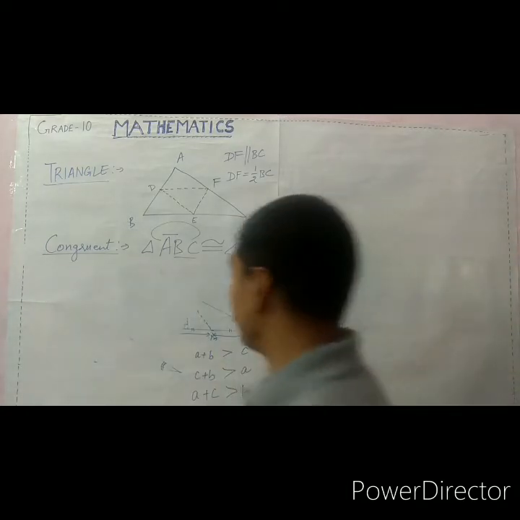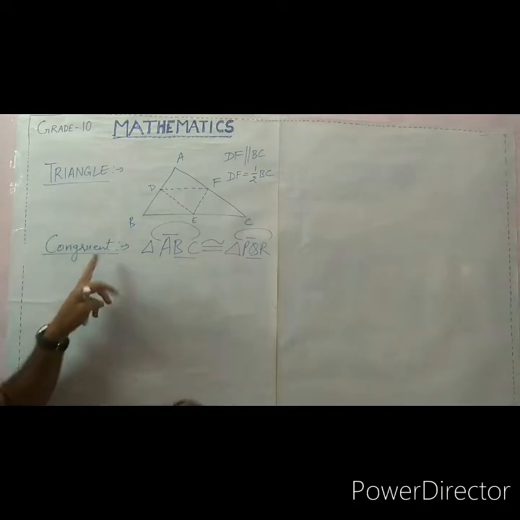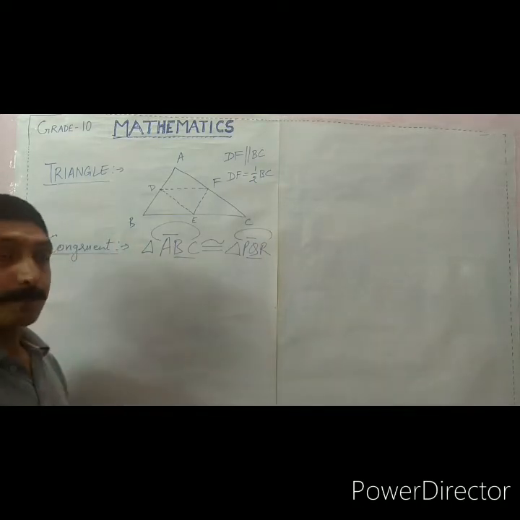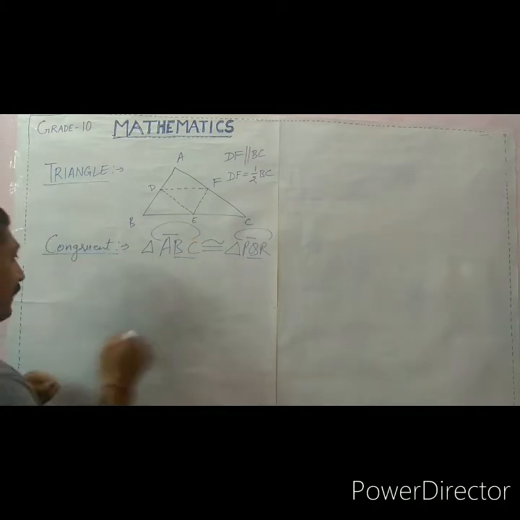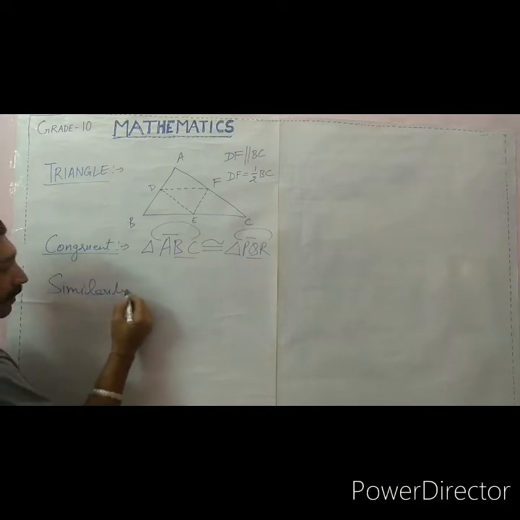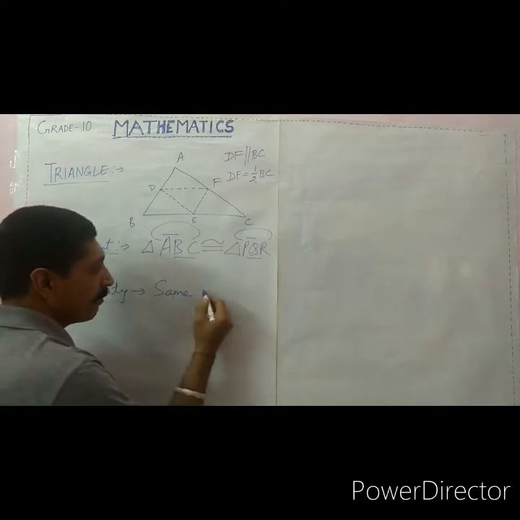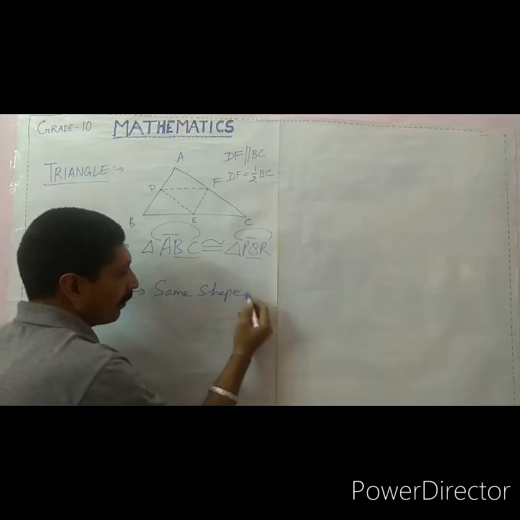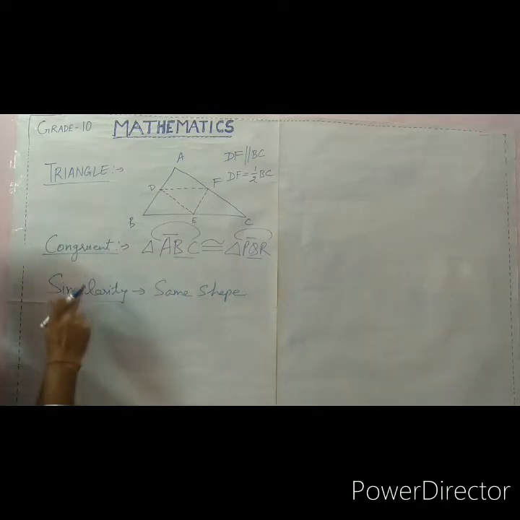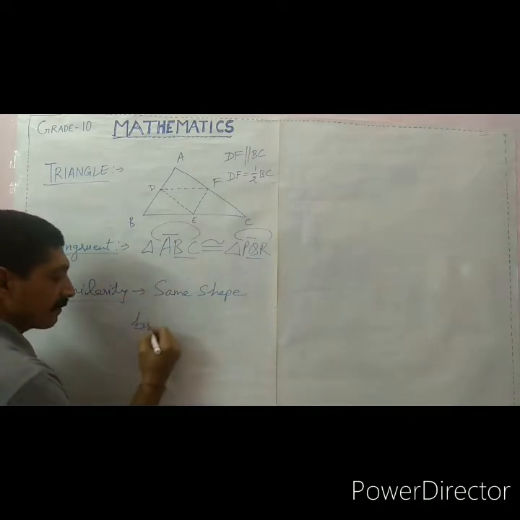So this is a very important thing, that all congruent figures are similar, but all similar figures are not congruent. So in similarity, we have the same shape and size may vary. Same shape but different size.